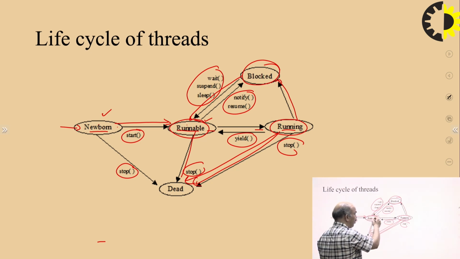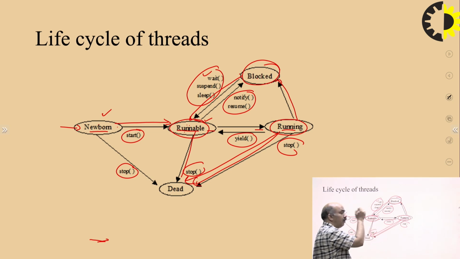We can also move from runnable to the block state, as well as from running to the block state in this case. If your threads are in the block state, there might be different reasons. They will be waiting for resources that are not being provided, and other threads keep coming.